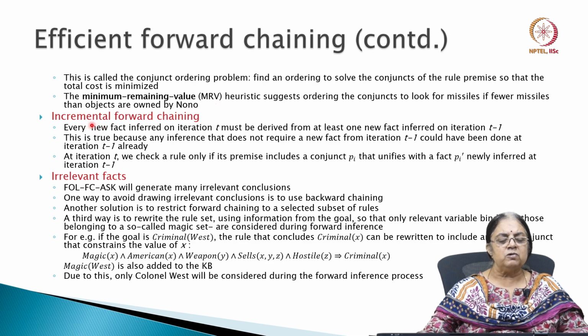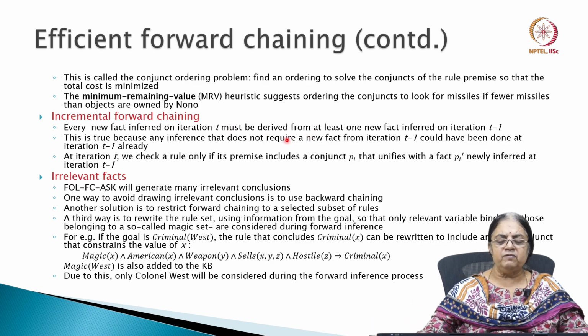The second one is what is called incremental forward chaining. Every time you try to find a rule and match with the facts which are there, you should require that at least one of the facts was inferred in the previous iteration.